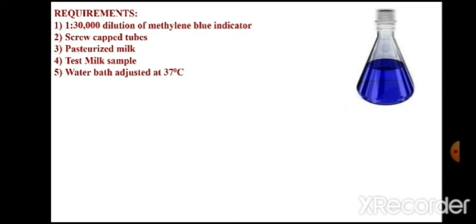Now you see pasteurized milk sample, here you need to add one more, raw milk sample. The pasteurized milk sample will be useful for the preparation of negative control, and raw milk sample will be useful for the preparation of positive control. And then this is the test milk sample.